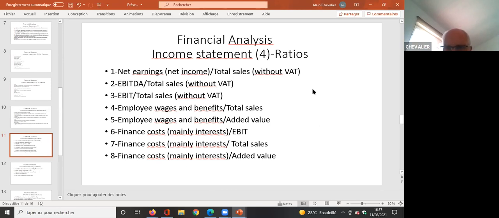So what you find here is a checklist of the main ratios used with the data produced in an income statement. It will be part of, and we reintegrate that into, our global methodology of financial analysis.